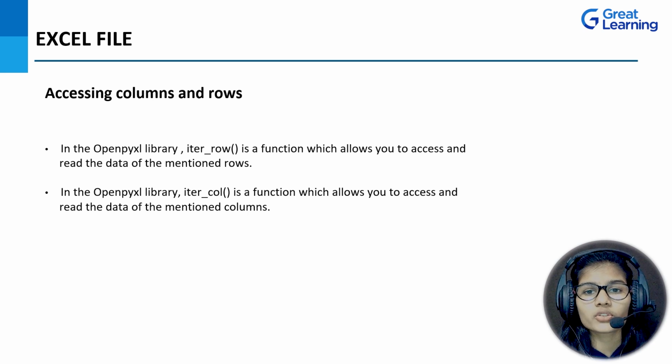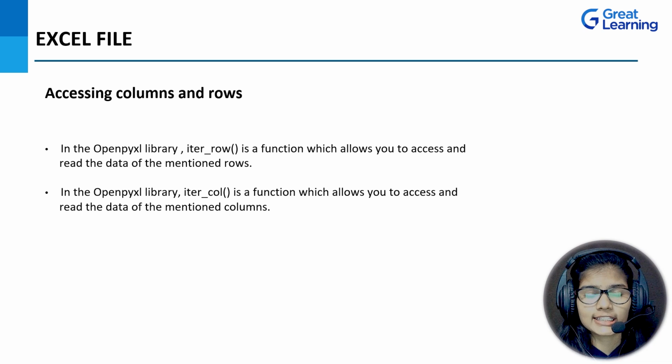This function allows you to access and read the data of the required rows. Whenever you want to do it for columns, use iter underscore col, the function that allows you to access and read the data of the mentioned columns.